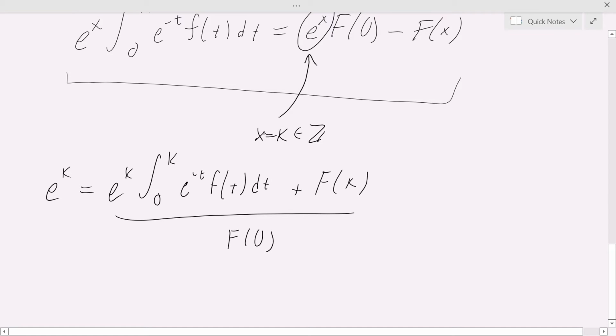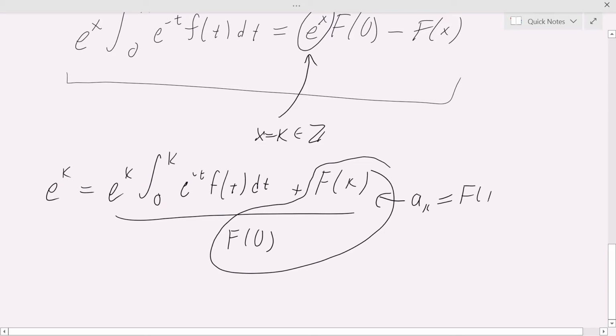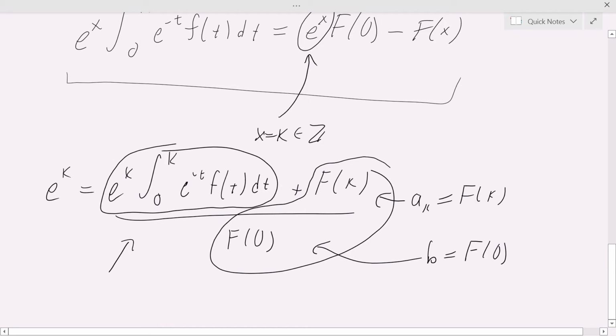So a sub k is equal to f of k, and b is going to be equal to f of 0. And this final part will be epsilon sub k. That'll be our error term.